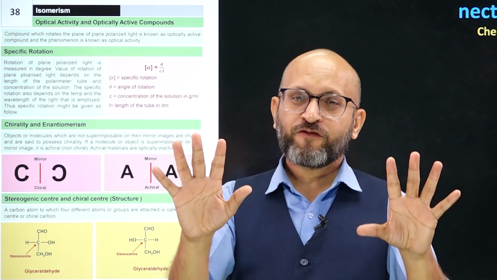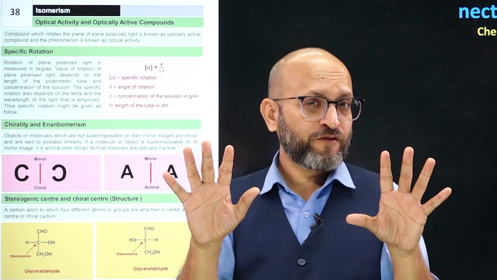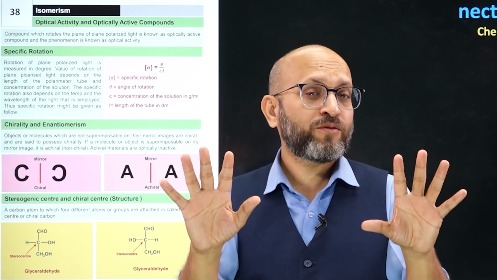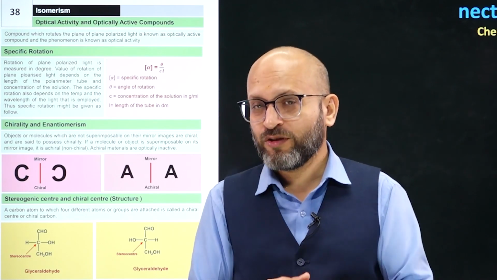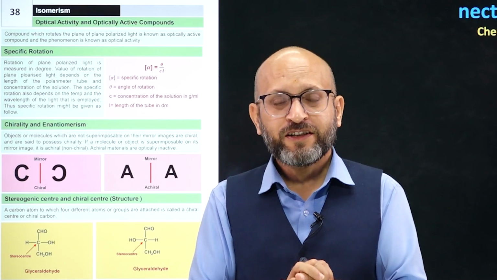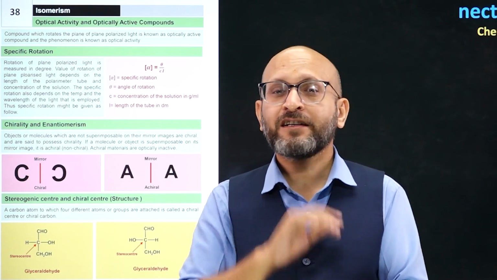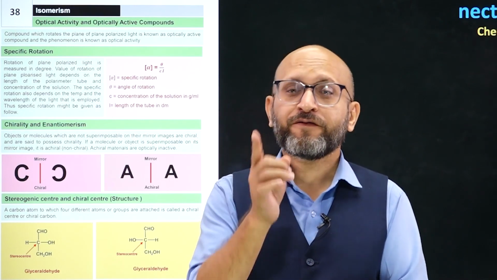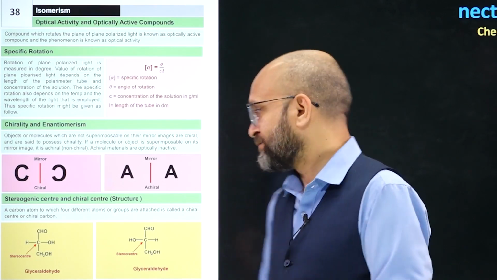So a pair of compounds which are non-superimposable and mirror images of each other are called enantiomers. Just remember, if symmetry is there, the molecule is achiral and optically inactive. If symmetry is absent, it is a chiral molecule and optically active.